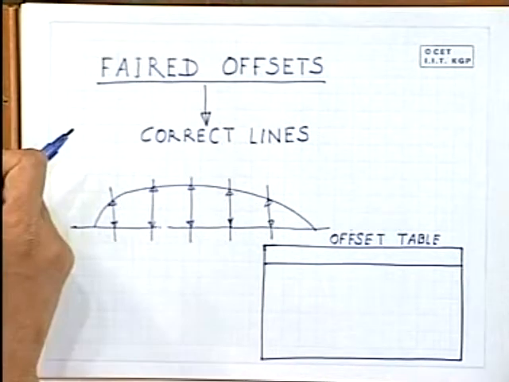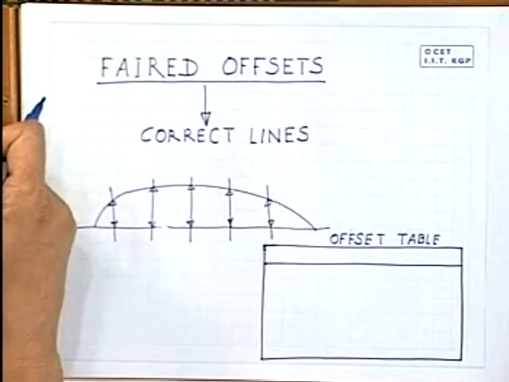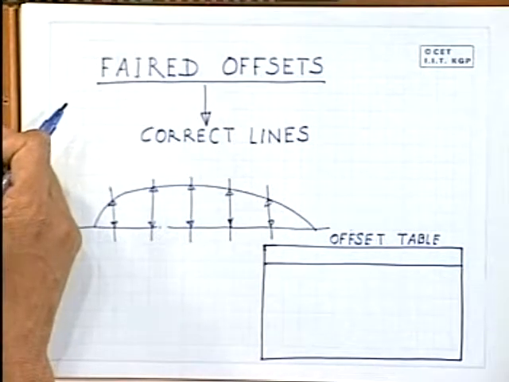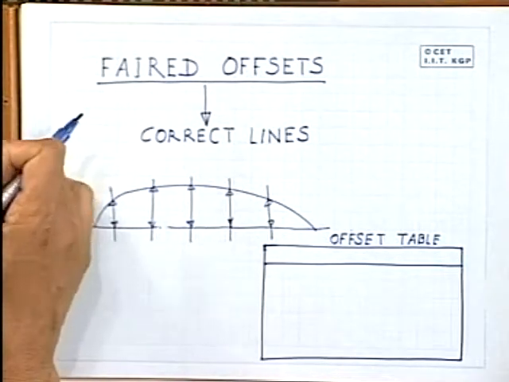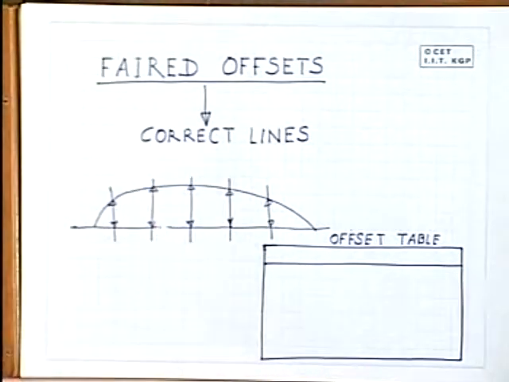So here there is an offset table for a ship. So one has to supply the faired offsets for production of the ship. Anyway, I think I have not brought the data actually. Yeah, this is the offset table.